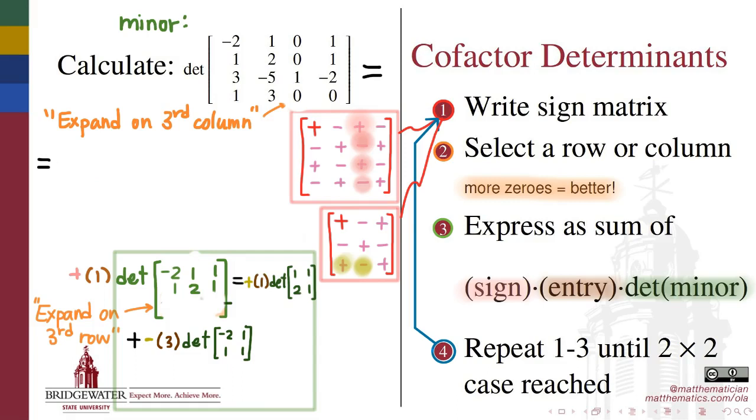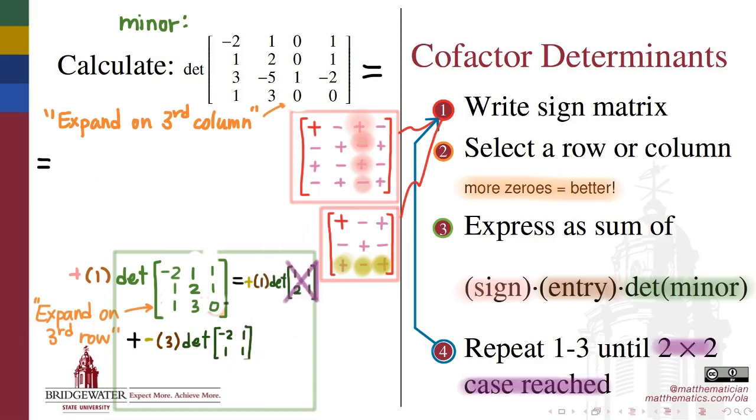And the last will be a plus times a 0 times the determinant of the last remaining minor. And so now we've expressed this 3 by 3 determinant as a sum of 3 2 by 2 determinants. One of them happened to have a 0 as one of the factors, so that one can just cancel away. And we're left now with a sum of 2 2 by 2 determinants to compute.